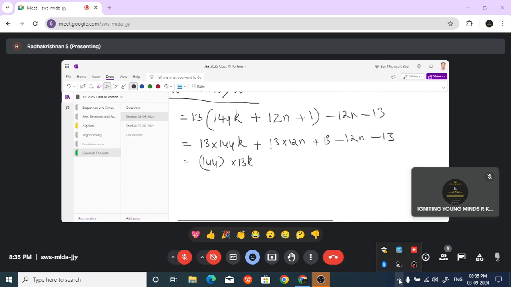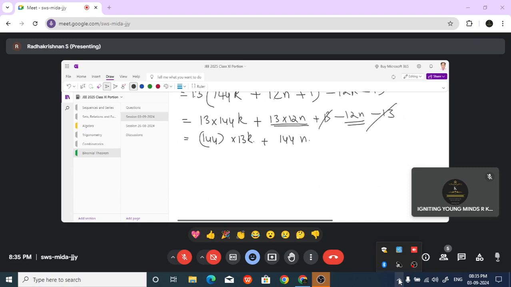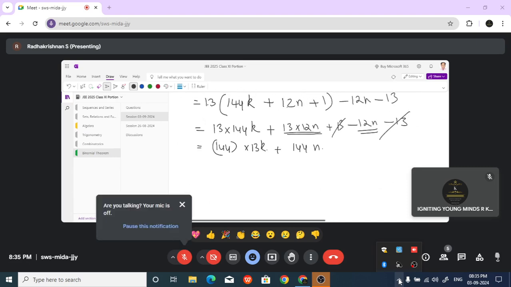This 13 into 12n is 156n minus 12n, right? So 144n comes, and now this 13 cancels. So the given expression simplifies to 144 into some 13k plus 144 into n.